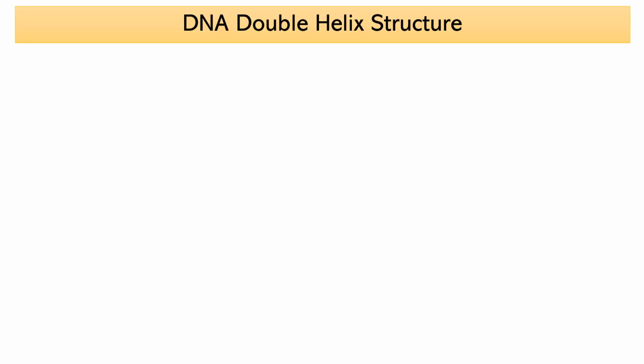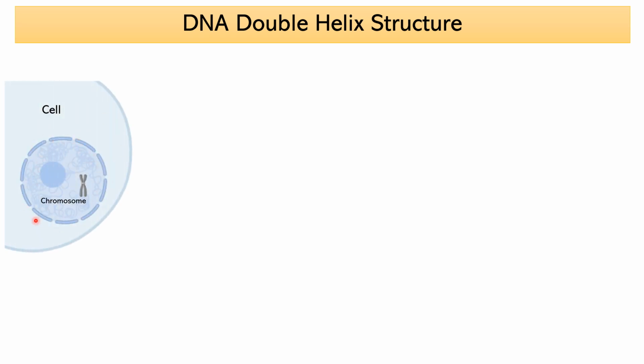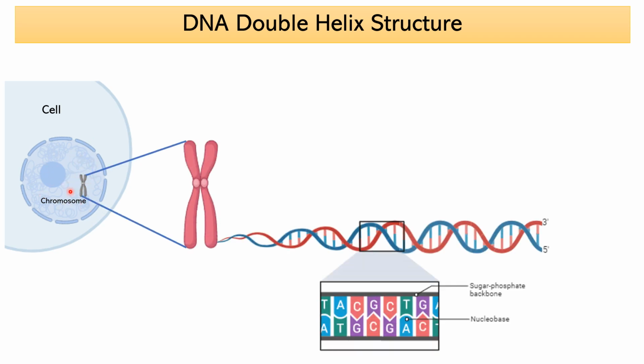Before we start understanding what DNA replication is, we need to have a quick look at the structure of the DNA and the DNA double helix. As we all know, our cells have a nucleus, and within the nucleus there is the DNA, or the genetic material. Our DNA is packed into very compact structures called chromosomes, and if we unpack these chromosomes, we can find the DNA.